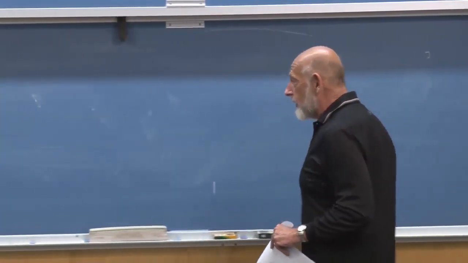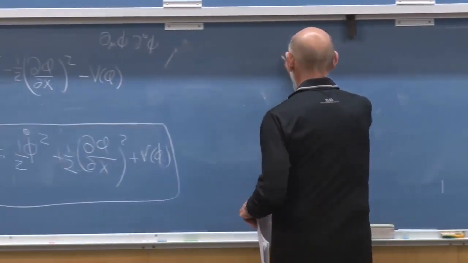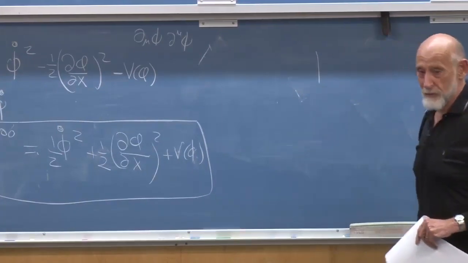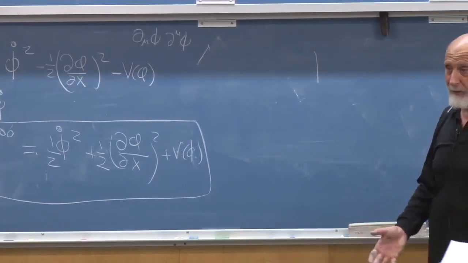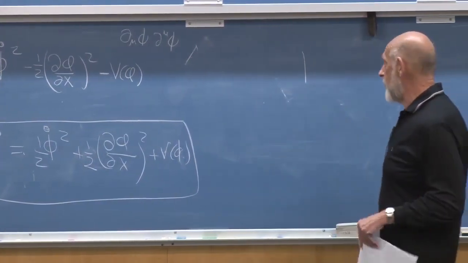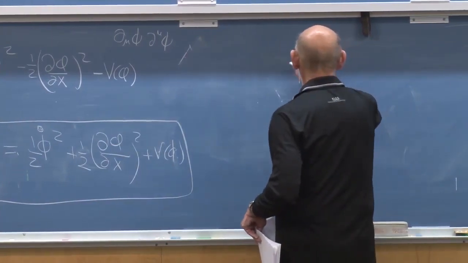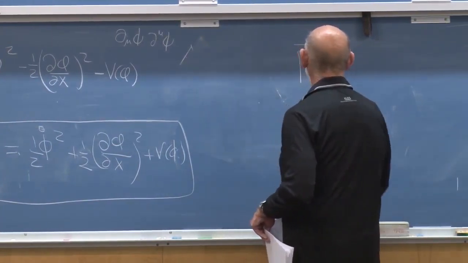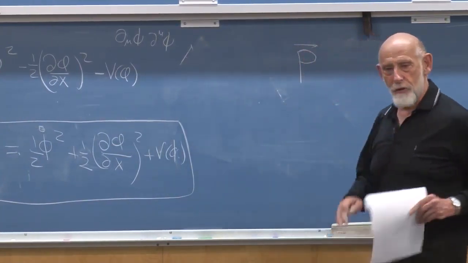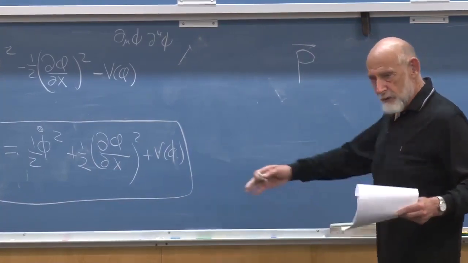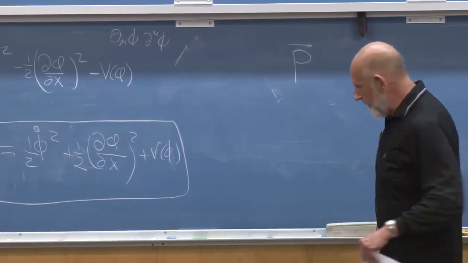I am going to call that quantity P. I apologize, there's just too many things called P. Historically, they were related to each other. But now we're talking about momentum in the sense of Noether, having to do with translation invariance.